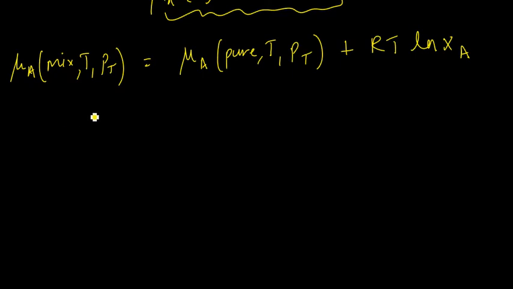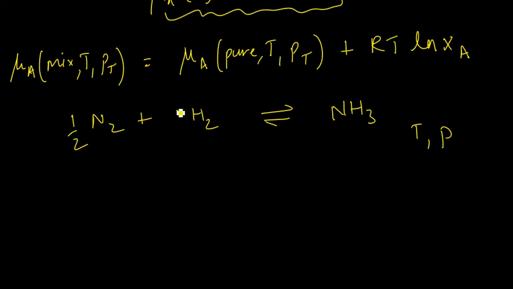the process is like nitrogen plus hydrogen giving you ammonia, right? So all of them are gases, at some temperature, some pressure. Let's just balance it for the sake of it. And now the thing is that it took a lot of time.